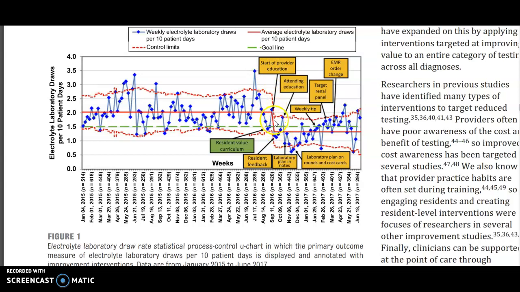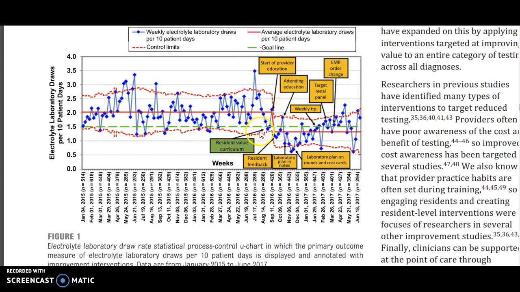Now, it's easy for us to see the drop in retrospect. How would they have seen the drop if they were conducting the actual study? Well, if you think about it, if they had continued this average line all the way across, this red line would have been here. The control limits would have continued to go up and down a little bit, but one of them would have been up here.